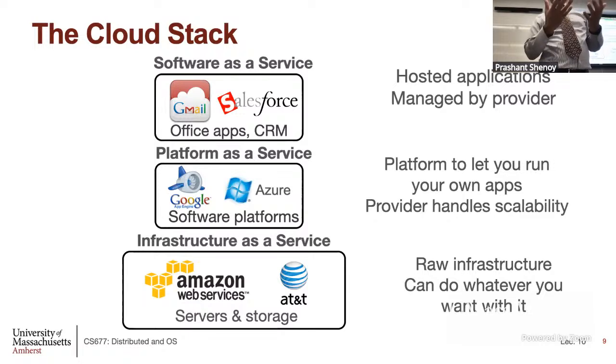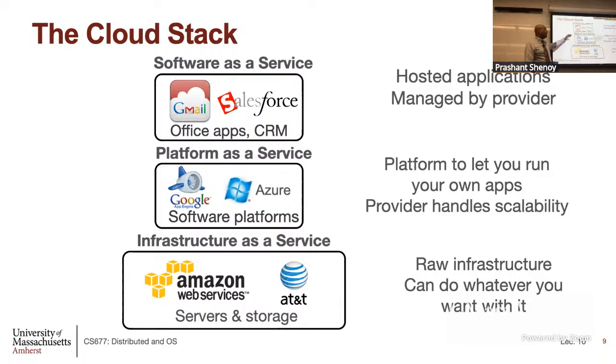You can deploy whatever OS you want, whatever application you want. So essentially, this is the bare bones. You just say, give me some number of servers, and the cloud provider says, here they are. You can then run whatever application and OS you want inside those servers. And then you have to manage those servers like you manage anything else. So this is essentially raw infrastructure, which is why it's called infrastructure as a service cloud.